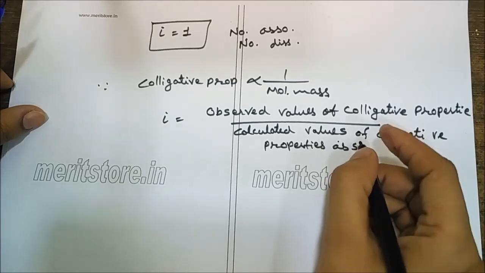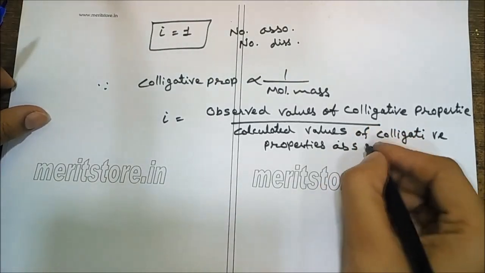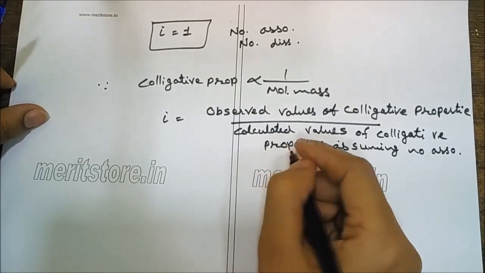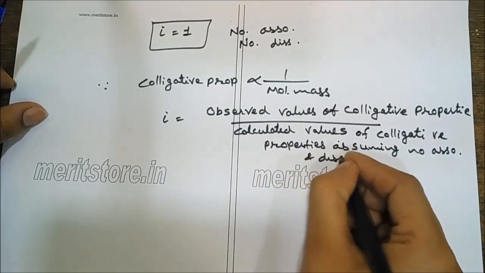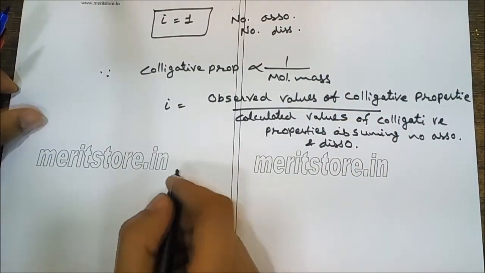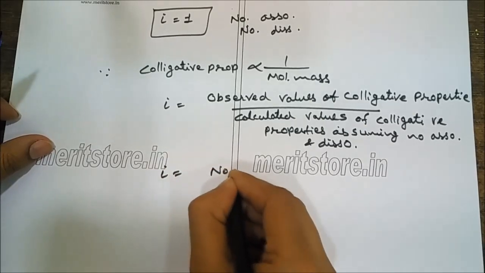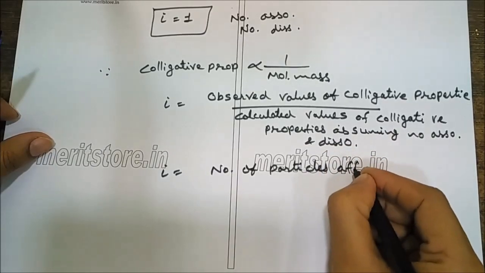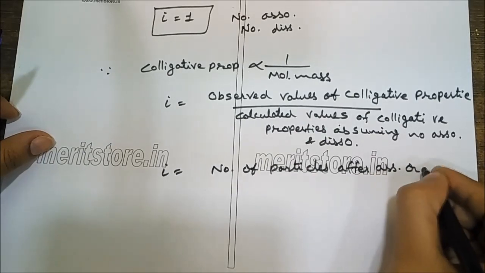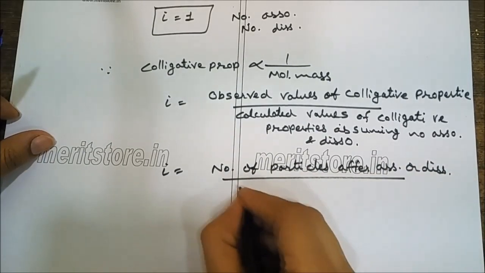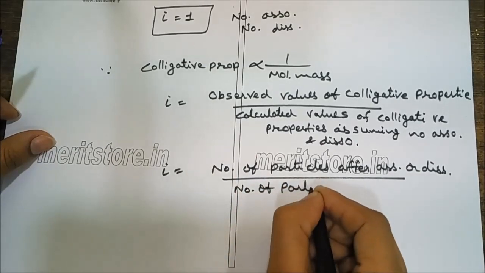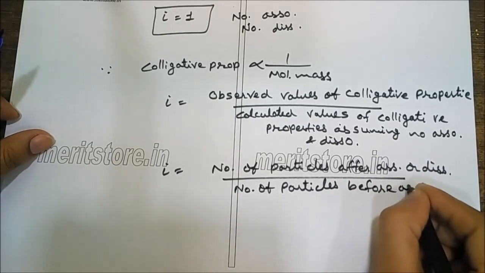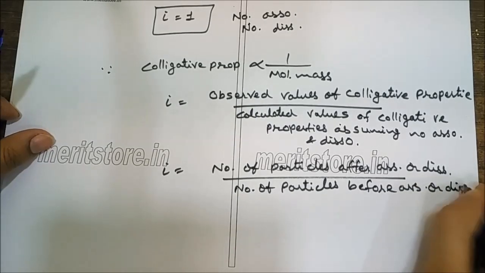Assuming that there is no association or dissociation, i will be equal to the number of particles after association or dissociation upon the number of particles before association or dissociation.